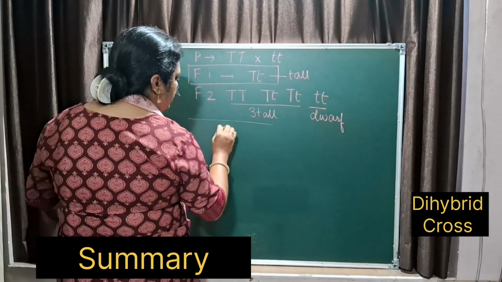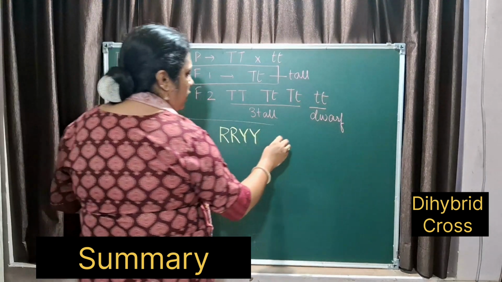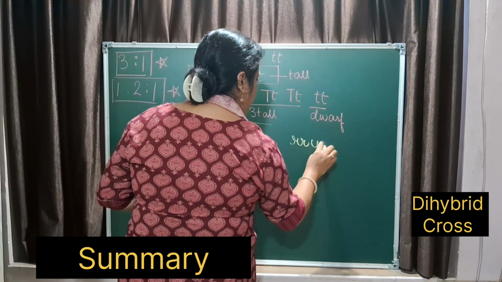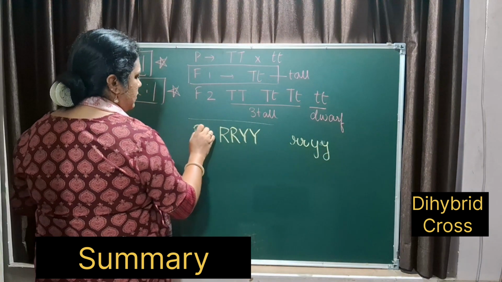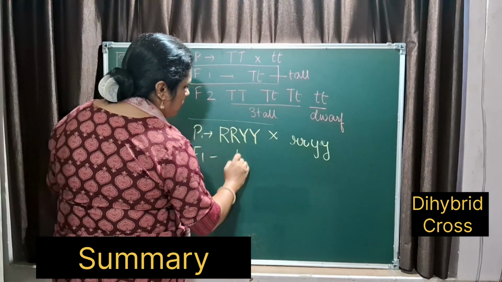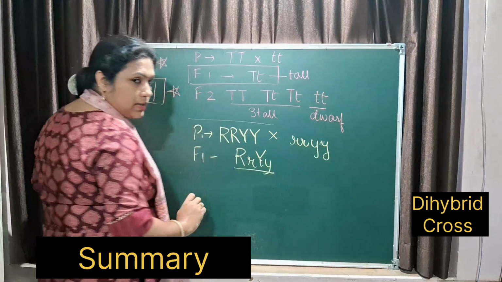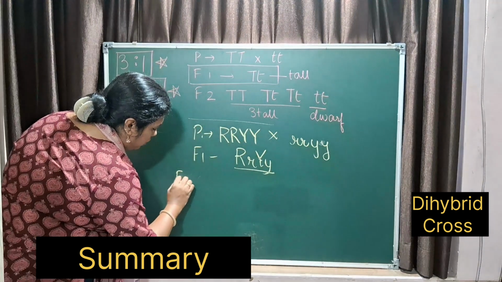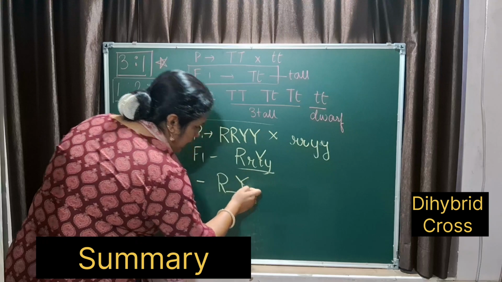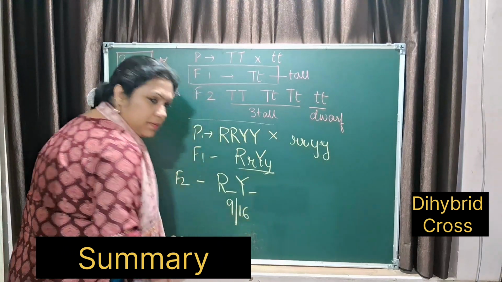Correct? Now when you go to the dihybrid cross, let us take the 2 characters we have taken, that is round and yellow. It was crossed with wrinkled and green. These were the parents. Here in this case, F1 was round and yellow, but it was heterozygous, and in F2, round and yellow was 9 out of 16.